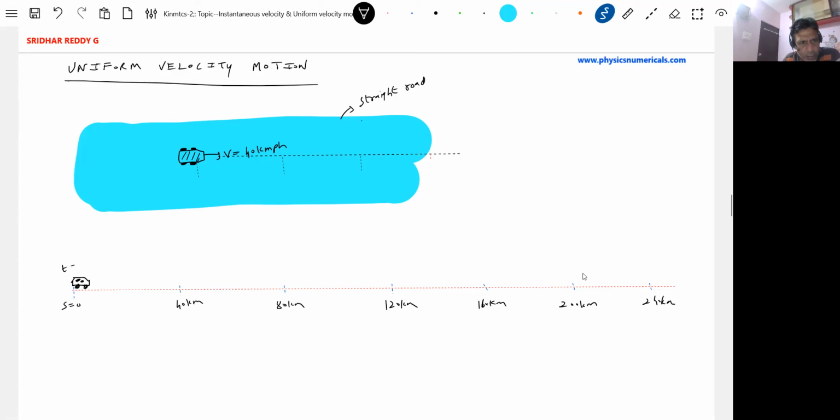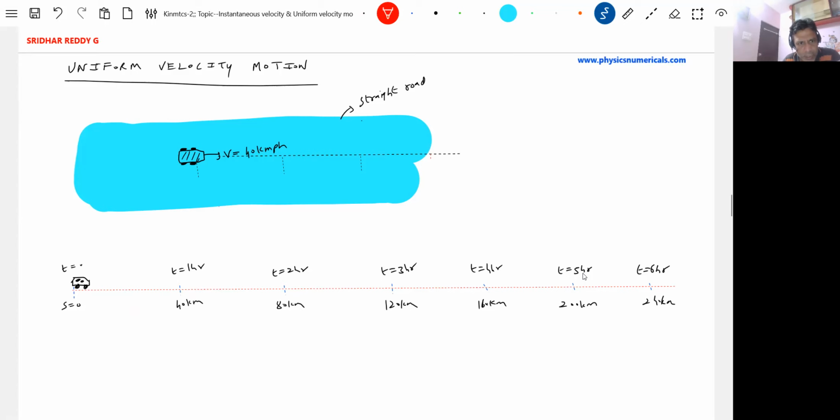T equals 0, it is here. After 1 hour, it will be here. After 2 hours, it will be here. After 3 hours, it will be here. After 4 hours. So what's happening? For every 1 hour, how much distance will it cover? 40 kilometers.